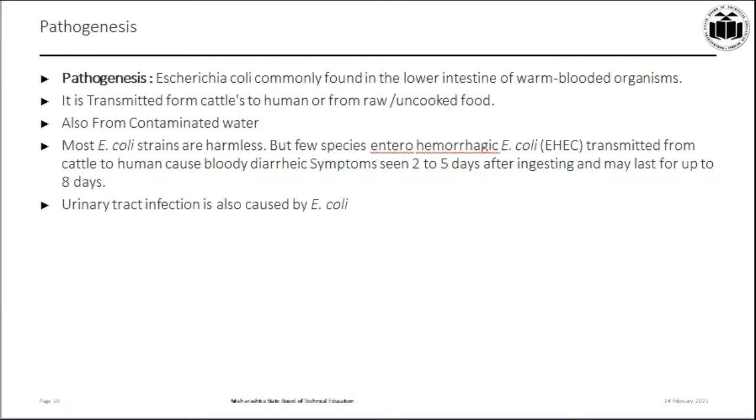After cultural characteristics and cultivation method, we are going to discuss the pathogenesis of E. coli. E. coli is usually transmitted from raw food and water, that is non-potable water.